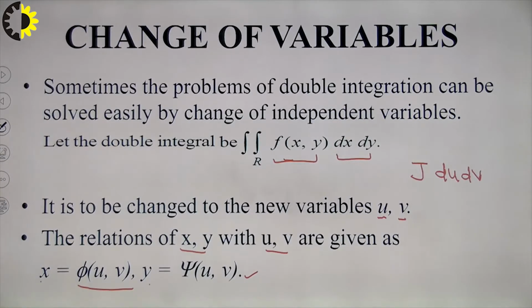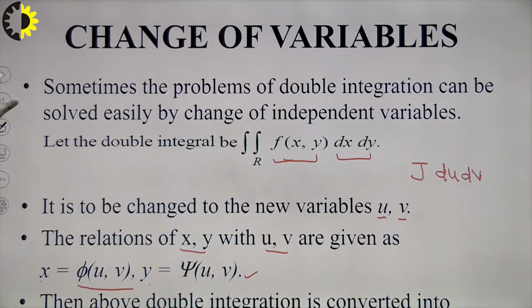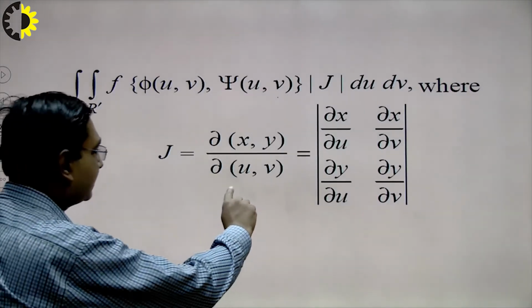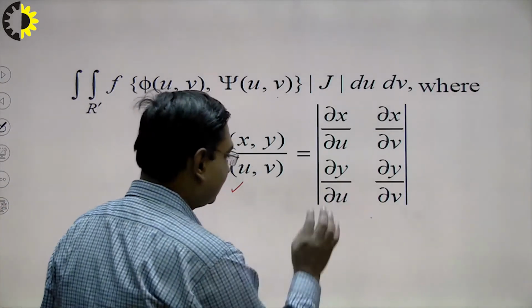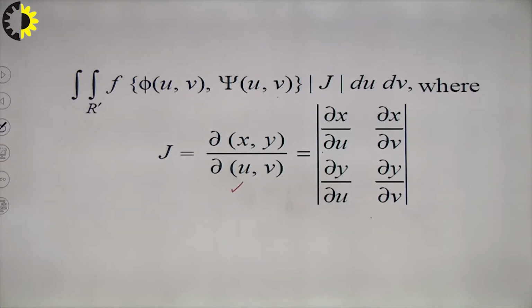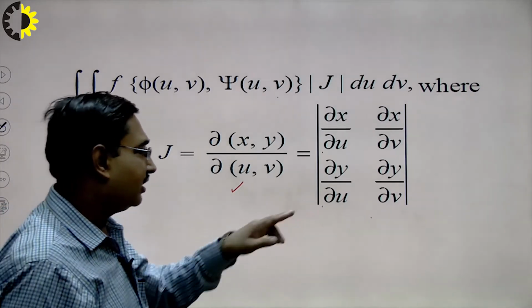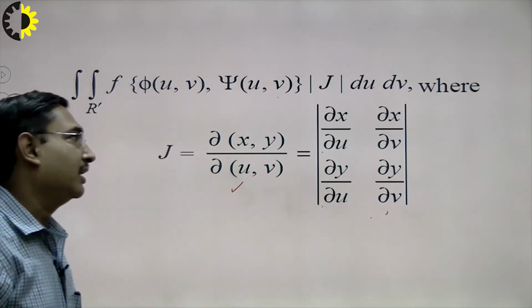What is this J? This J is del(x, y) upon del(u, v), that is the Jacobian of x and y with respect to u and v, and it is nothing but the determinant with del x over del u, del x over del v, del y over del u, del y over del v.